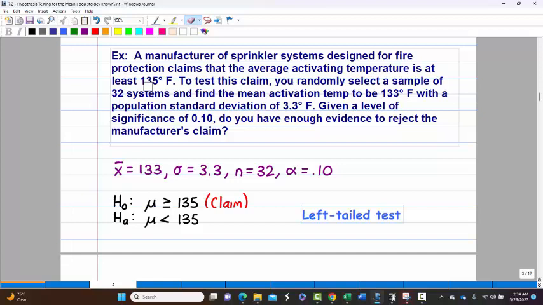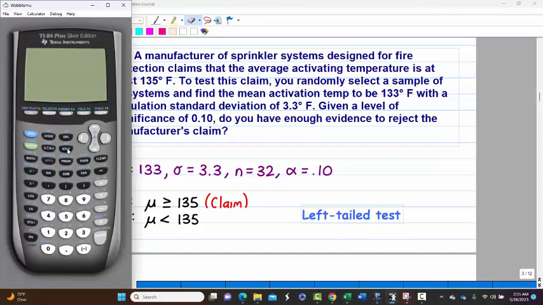Greater than or equal to is always an H0, because it has equal in it, and its partner in crime is always less than. So that's also a left tail test. But this time the claim is the H0. They're claiming that it's greater than or equal to 135. So it's a left tail test, and you see the direction of your Ha. That's going to be important in the calculator.